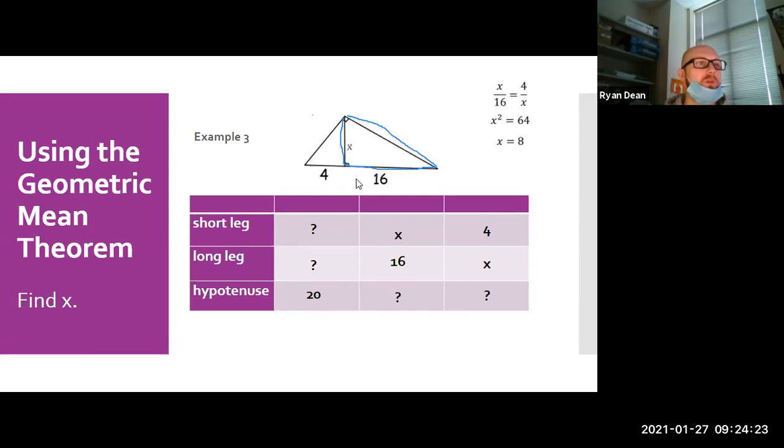Okay, so to use the geometric mean theorem, we need to select 2 triangles that both contain X, because X is what we're looking for. So when I look at my table, this is one of the reasons why it's good to fill in the table. This one has no X, so we're not going to use it.